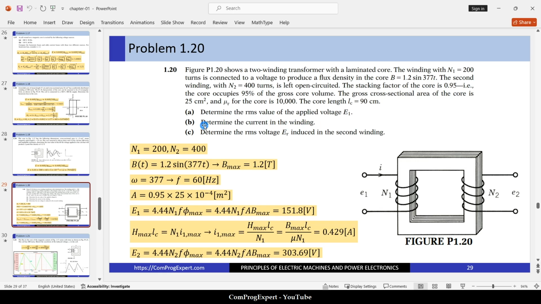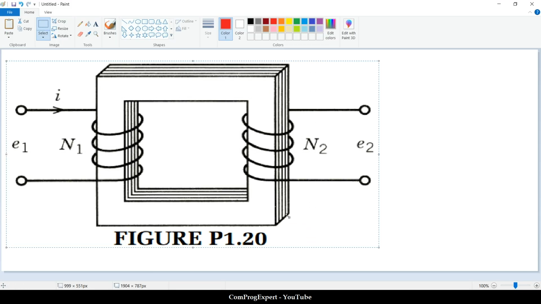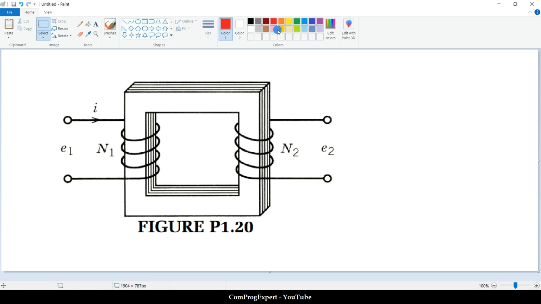So how can we calculate the current in the winding for the coil 1? Here we apply this voltage to the coil 1, V, and we have this B inside the core. How much is the value of the current?